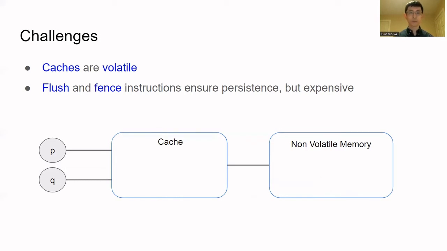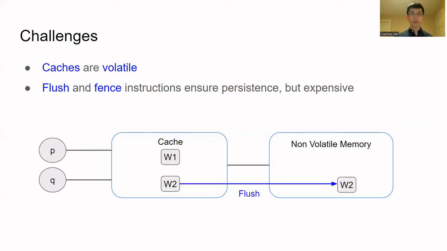So the fundamental problem is that even if you flush after every store instruction, there's still a delay between these two steps, and another process can be scheduled in between. So for example, suppose process P1 writes W1 to cache, and then let's suppose P pauses before flushing the write to non-volatile memory. Now another process Q might see W1 and decide to perform a write W2.